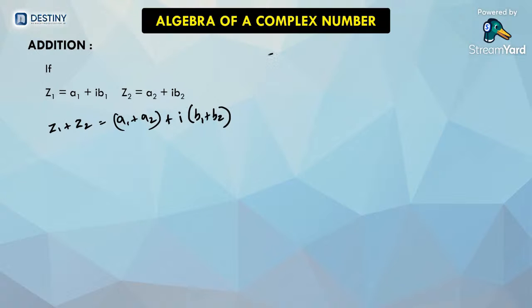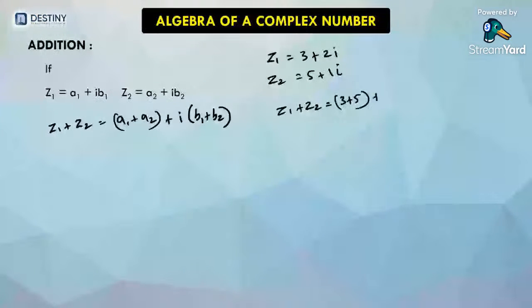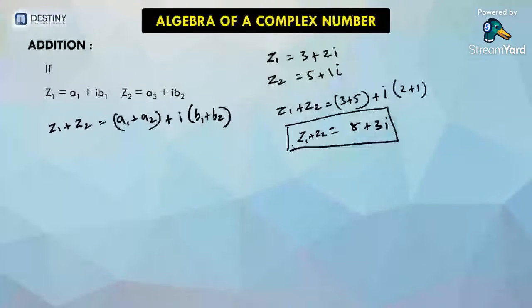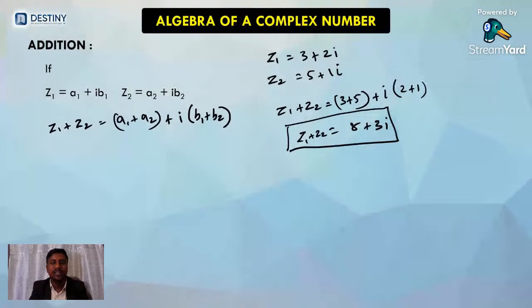If I take an example, if Z1 is given as 3 plus 2i, Z2 is given as 5 plus 1i, so Z1 plus Z2 will become 3 plus 5, the real numbers. We should add real numbers together, then imaginary numbers together. So 8 plus 3i. This is simple addition. As we are doing in the algebraic numbers, the same pattern we should do for these numbers too.